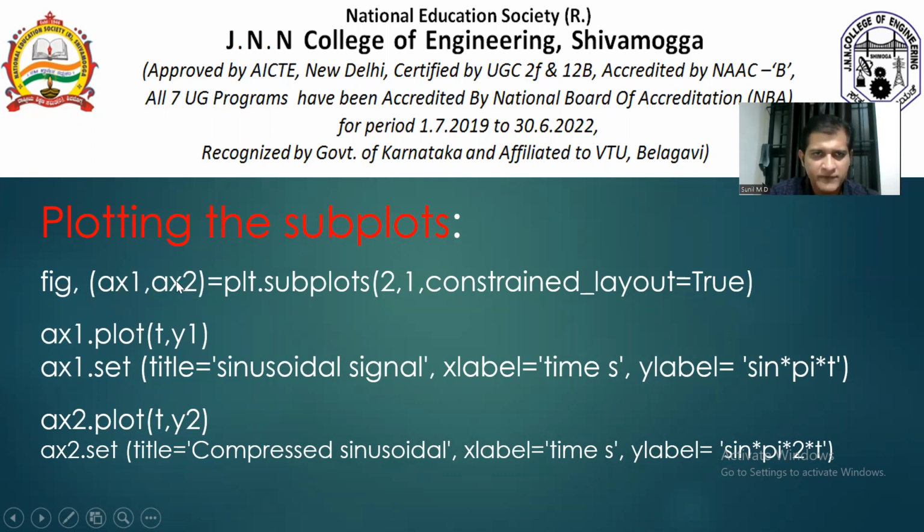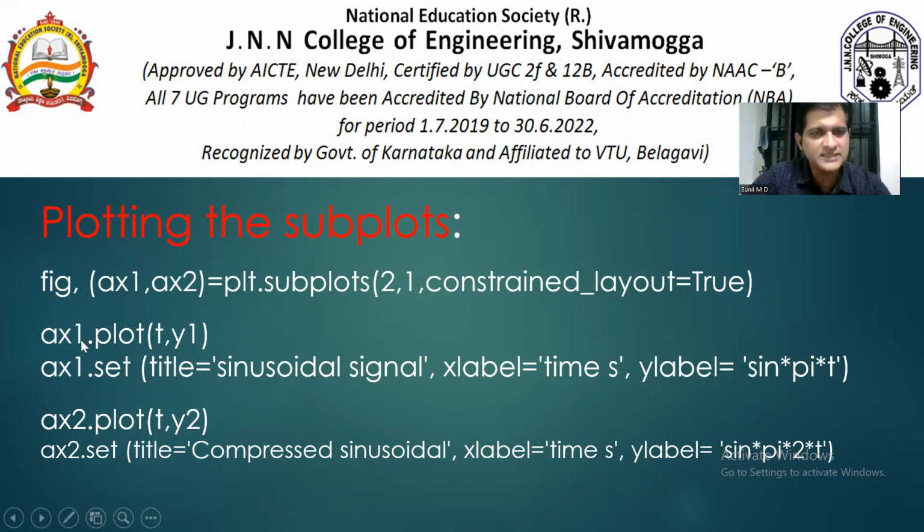Here 2 comma 1 means we have 2 rows, 1 column, so two figures sitting one below the other. The first row has one plot, the second row has another plot. Is that okay with you? That is how this plot would be.